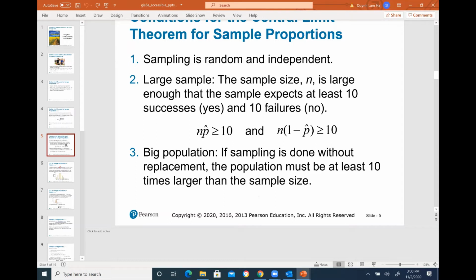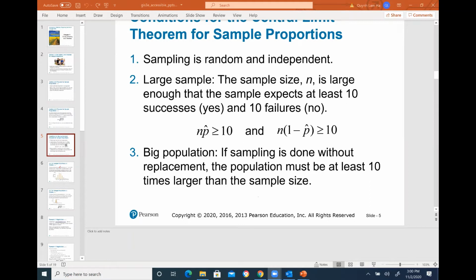So first, in a story, you have to make sure that the sampling is random and independent. It means they have to be independent. They do not affect each other in every sampling. Okay, and again, this happens all the time. Number 1, all the time.